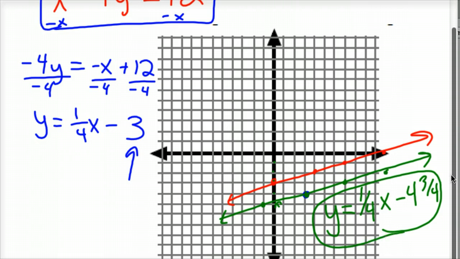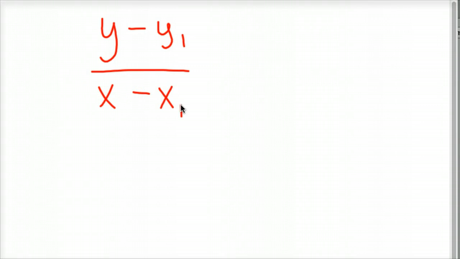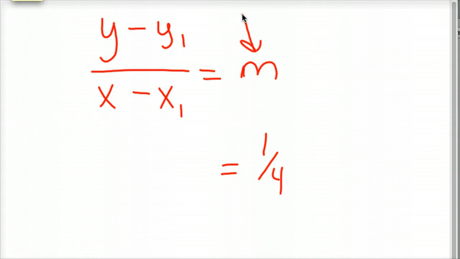To find out exactly, we know the slope of your parallel equation is 1/4. And I always like using the point-slope form of the equation, which is this, because if you have the slope memorized, it's easy to do. So we know our slope is 1/4, so that's going to go in place of the m there.